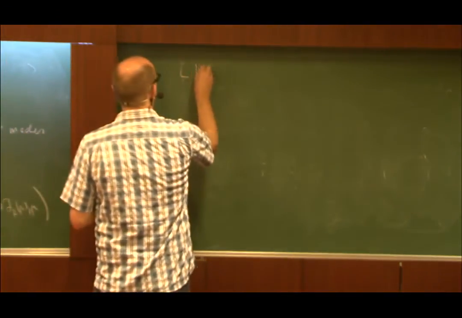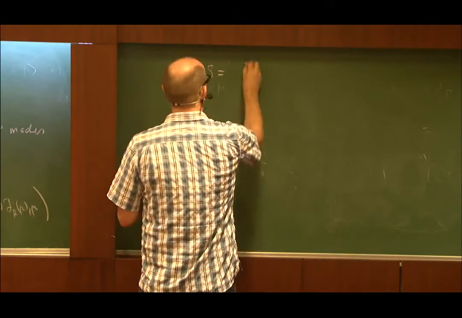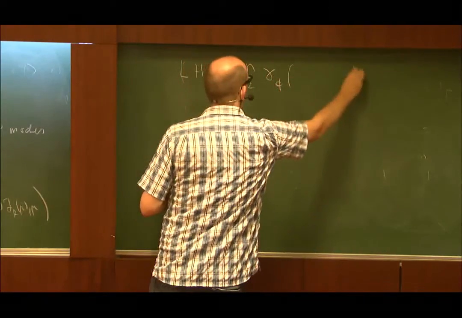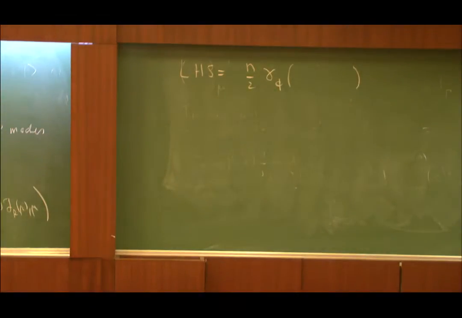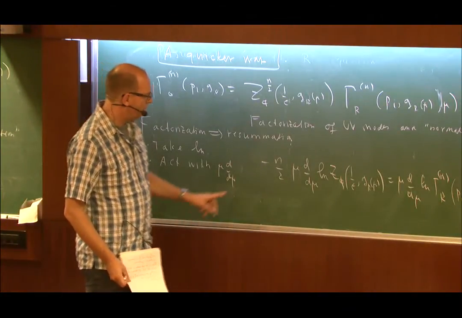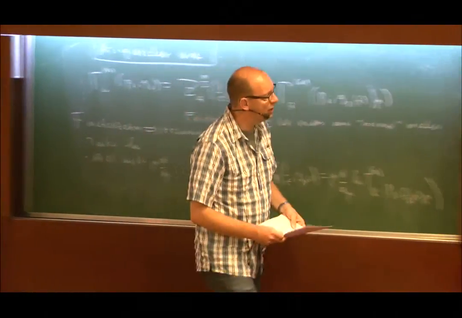But the left-hand side, I will call n over 2, again, the anomalous dimension. I'll call it the anomalous dimension even before I have made the argument. So I'll make the argument now, because it will be the same as the RG equation. So I call this gamma, the left-hand side is minus this.